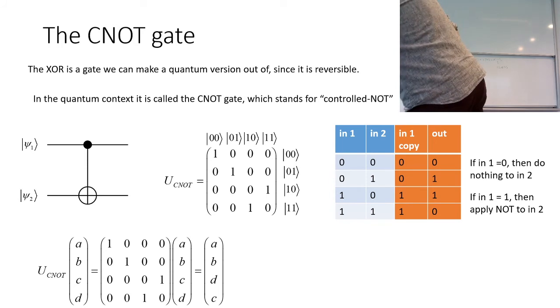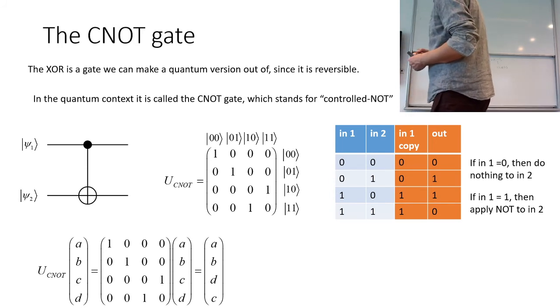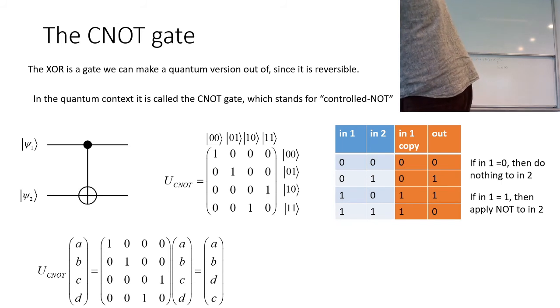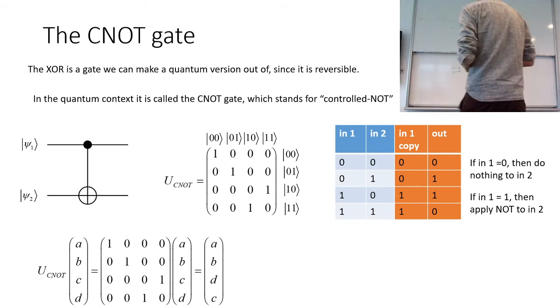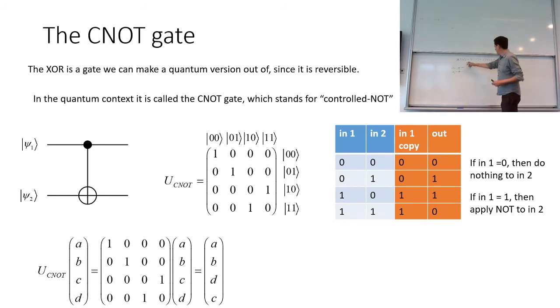So this state in vector notation is simply A, B, C, D. If there's a superposition of, say, two terms here, let's say this one and this one, then there would be two elements that are non-zero in this vector.